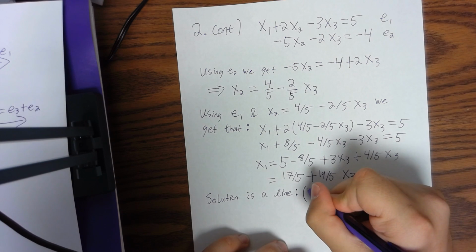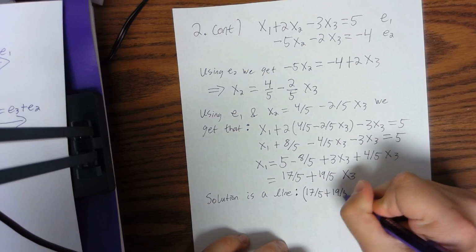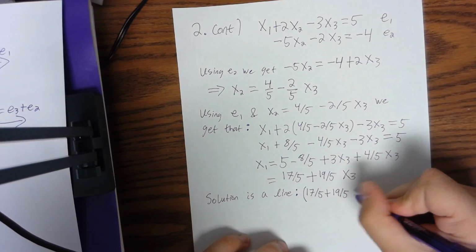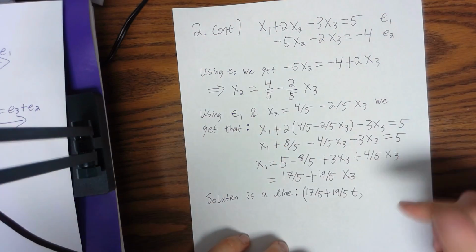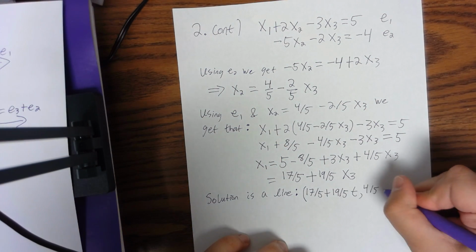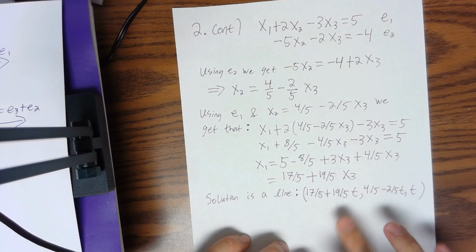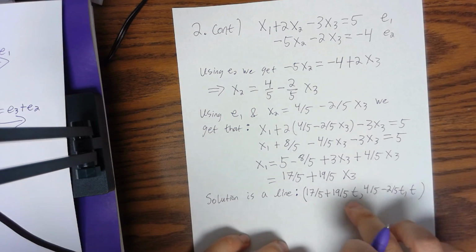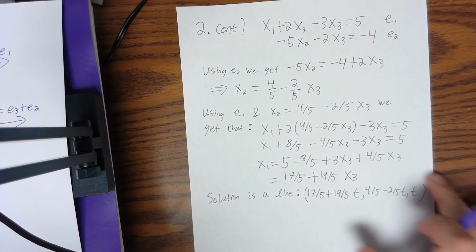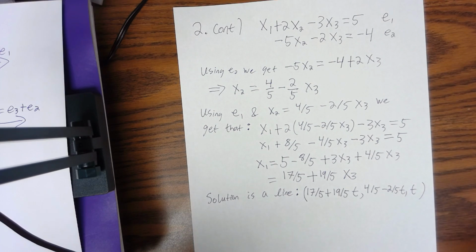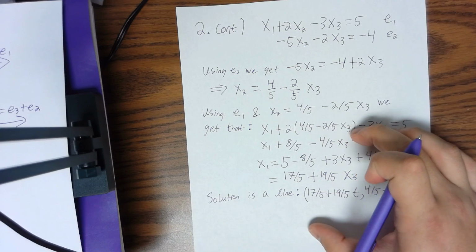So 17 over 5 plus 19 over 5, we'll just call it t. So that's what our x1 is. Our x2 was 4 over 5 minus 2 over 5 t, and our x3 coordinate is t. So you can just think of this t right here as your x3. And so this will describe a line in 3 dimensions. All right, so that's the solution to number 2.